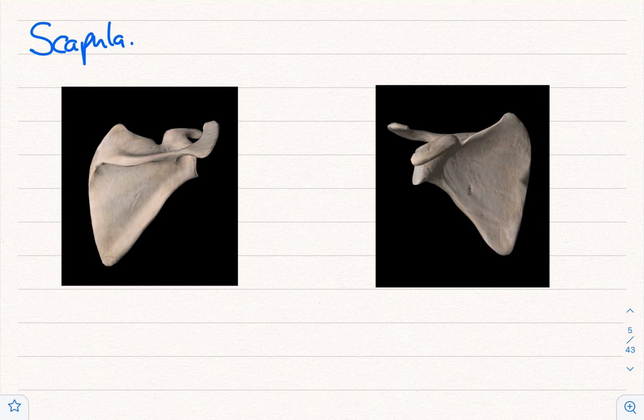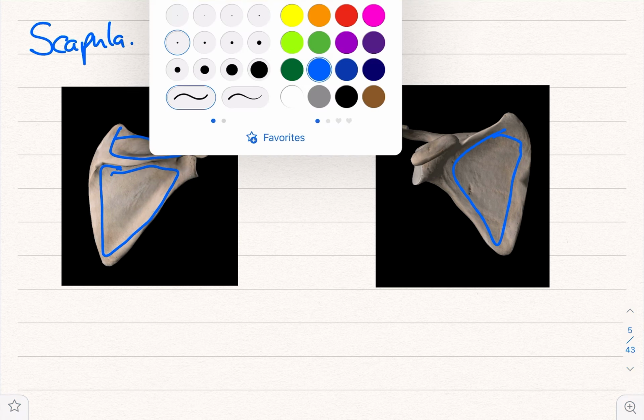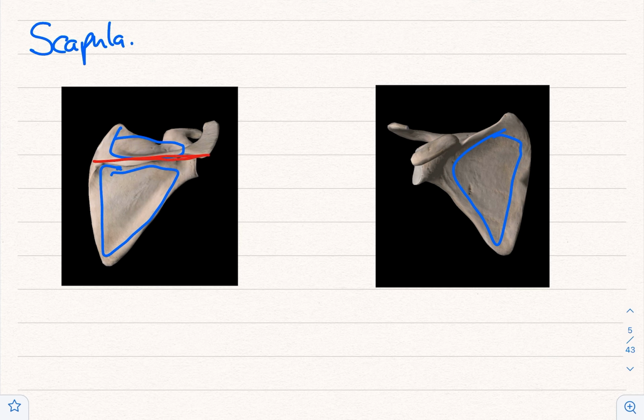Okay, next thing is you've got three key areas of the scapula. You've got this one here, and this one here. So I'm just going to draw another line here like that. What's going on is this bit here and this bit here have two different names.